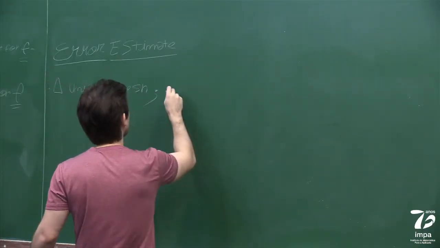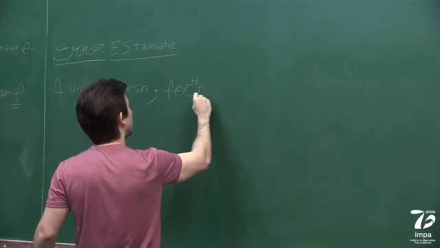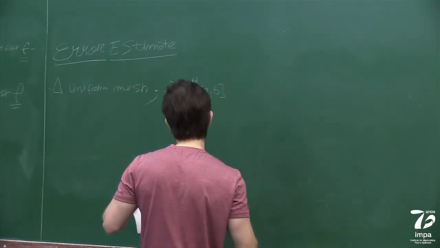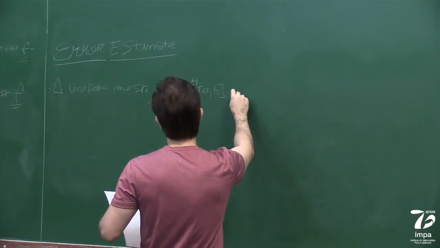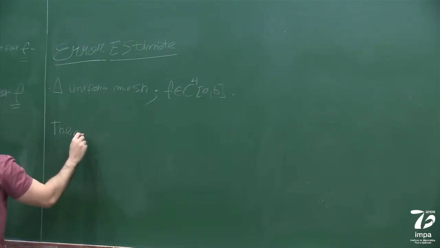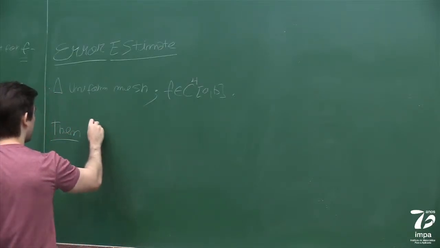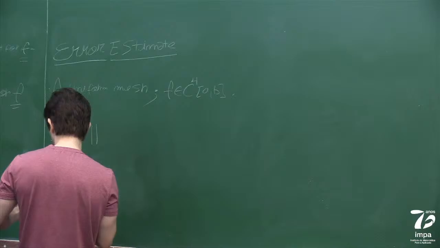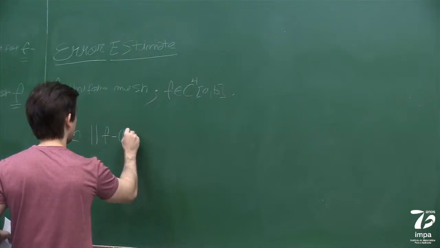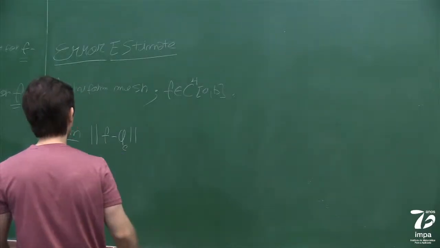Our given function is C4 on the interval. Then we have that the difference in the supremum norm of f and phi C. Remember that phi C is the clamped interpolation, okay?